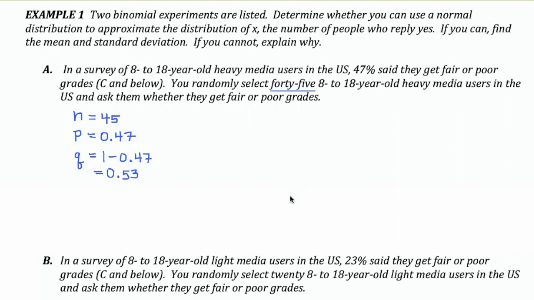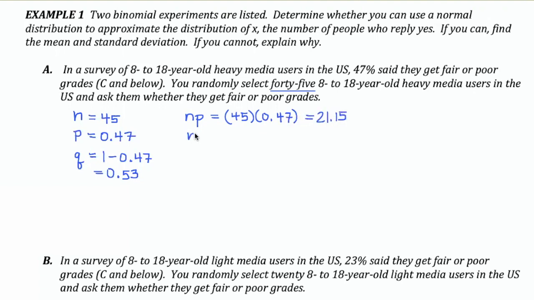So to determine if we can use a normal approximation for this binomial experiment, we're going to check two calculations. We're going to do n times p, which is 45 times 0.47, and we get 21.15.